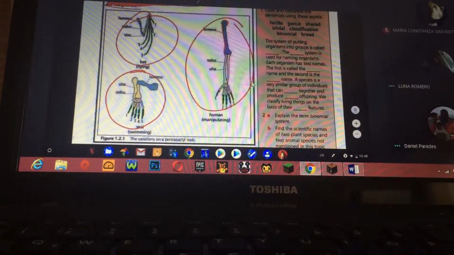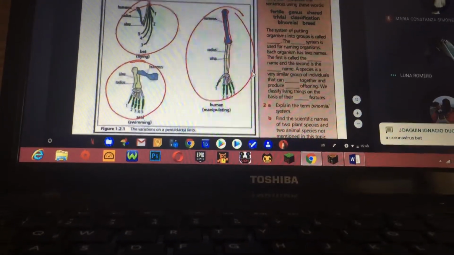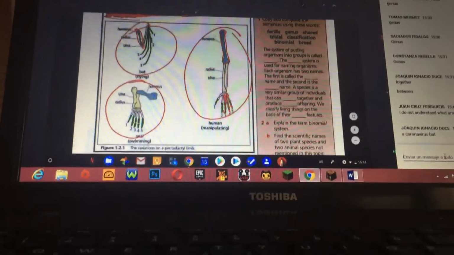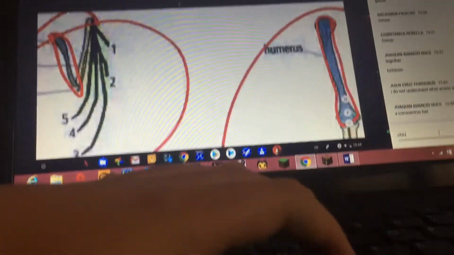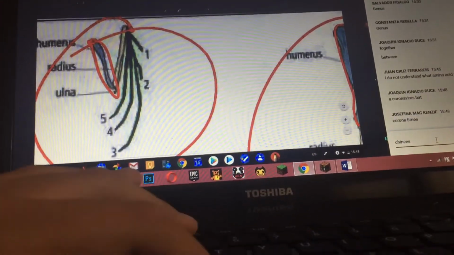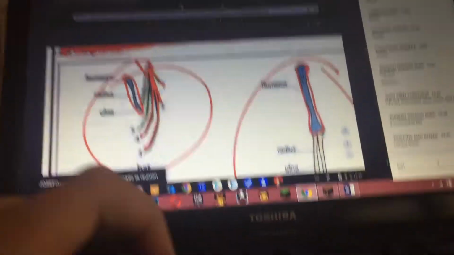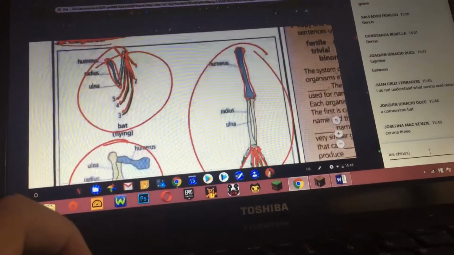You have this bone, which is the humerus, and the bat has it as well. And you have five fingers, and the bat has the same number of fingers. The only difference is that everything is longer there. The proportions are what changes.